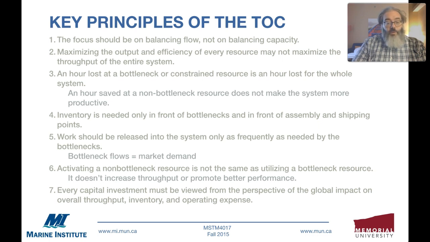So work should be released into the system only as frequently as needed by the bottlenecks. And this comes back to the holding costs again. So constraints say that you really can't put anything through the system faster than the bottlenecks. So only release work into the system as frequently as the bottlenecks can take work.